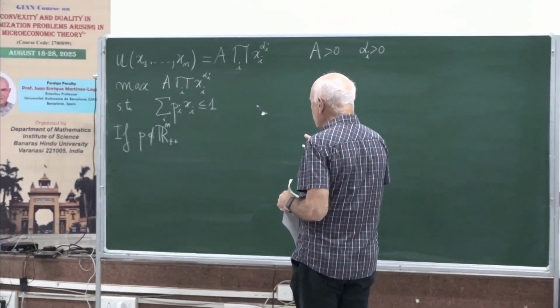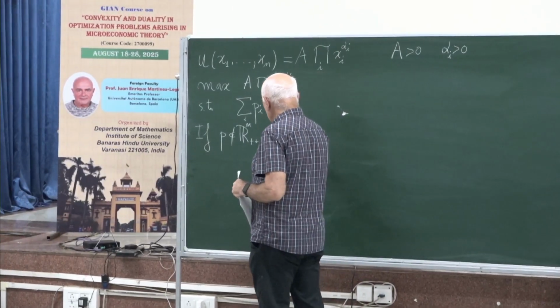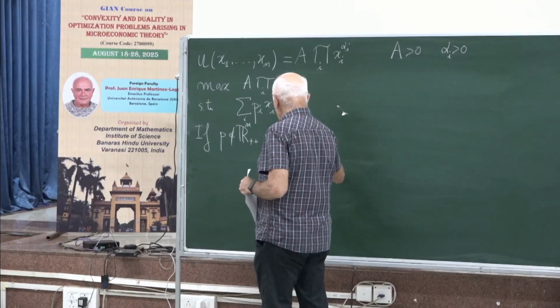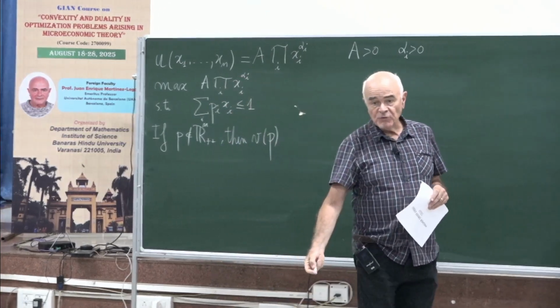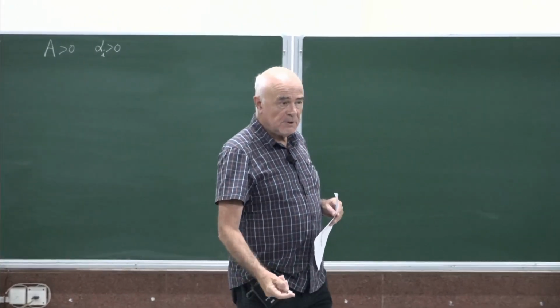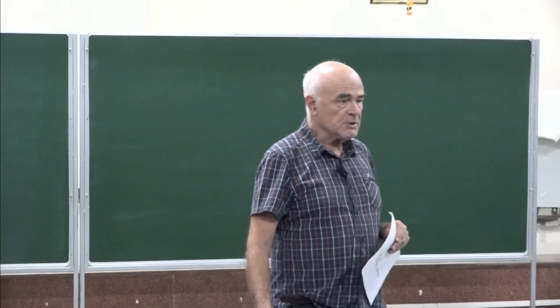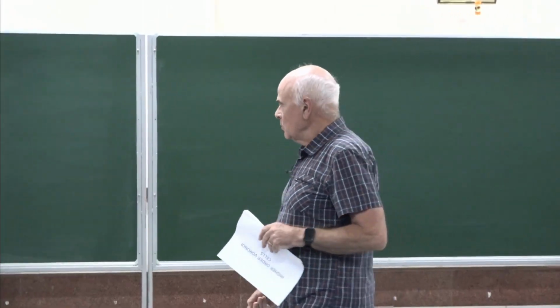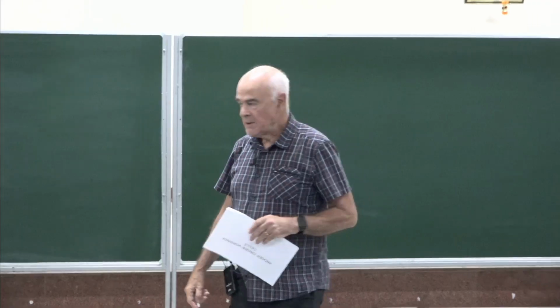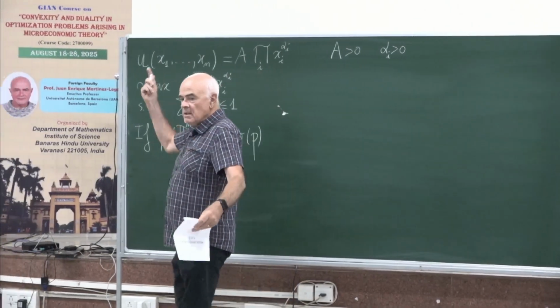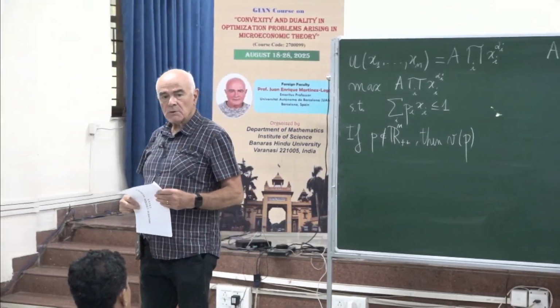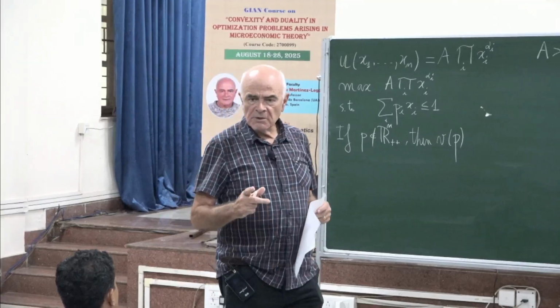Then the optimal value of this problem, which is V of p, V being the indirect utility function. What is V of p in this case? I mean, what is the optimal value of this problem if some pi is equal to 0?